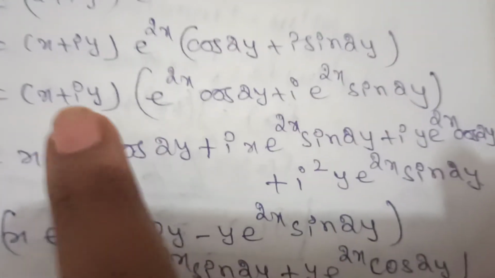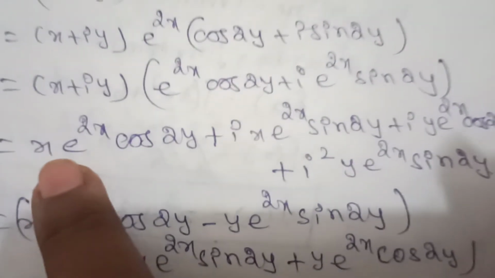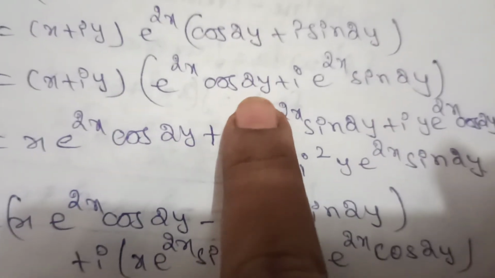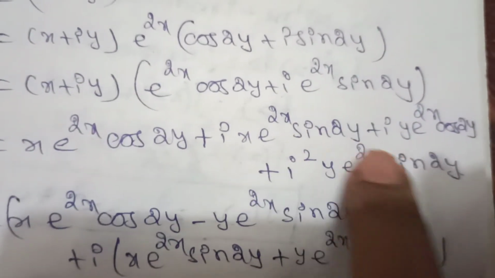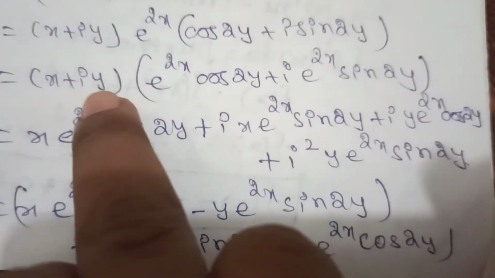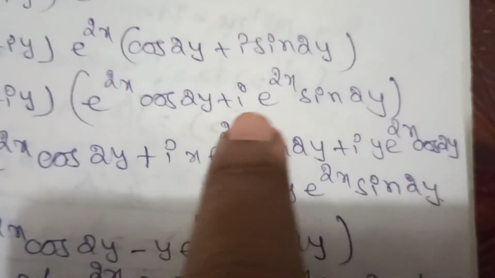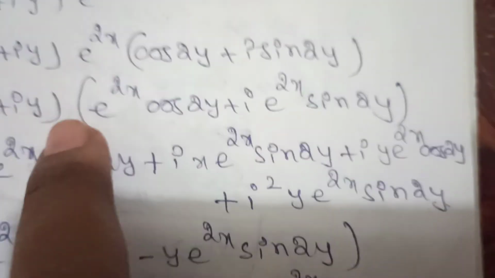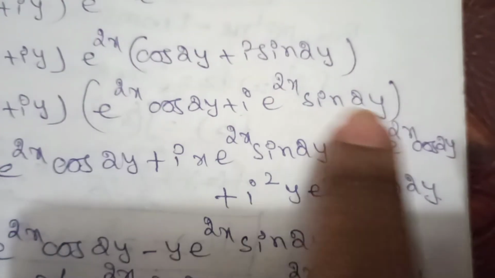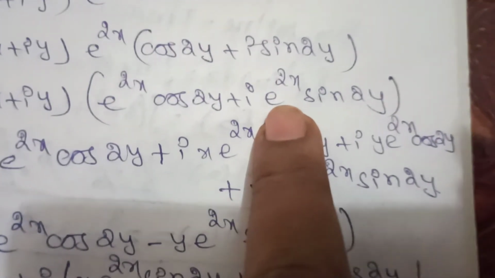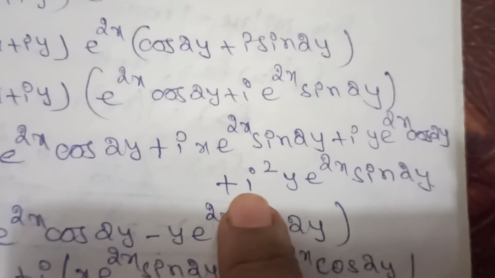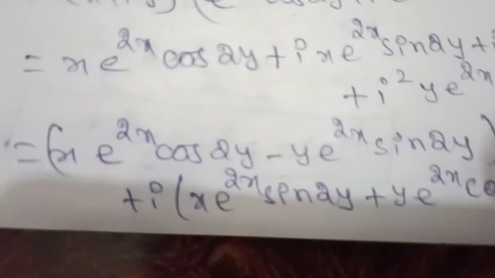Again multiplying these two values, first the x value: x into e power of 2x into cos 2y plus i x into e power of 2x into sin 2y, plus next multiplying the iy value: i y into e power of 2x into cos 2y plus i into i, that is i square, into y into e power of 2x into sin 2y. The i square value is minus 1, substitute here.